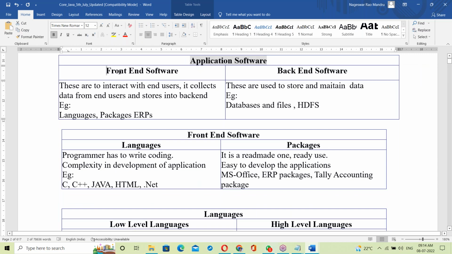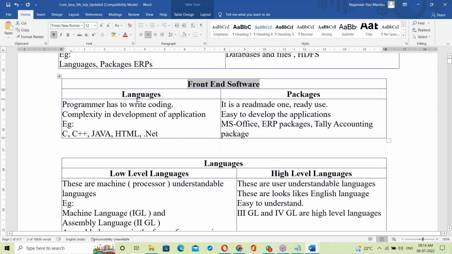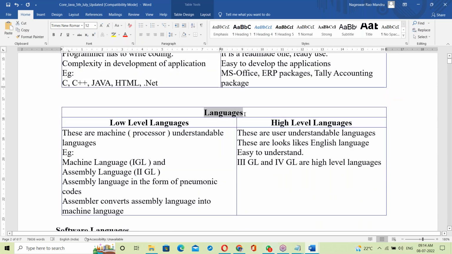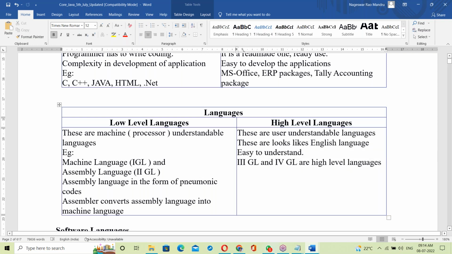In application software there is a front end and a back end, and Java is a front end. In the front end there are languages and packages. Java is a language. Languages are low level and high level, and Java is a high level language.